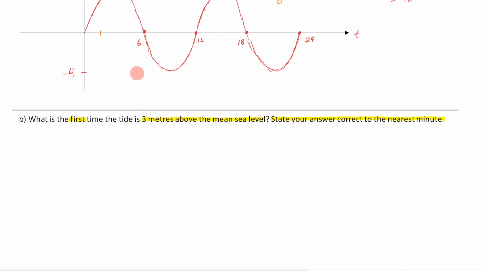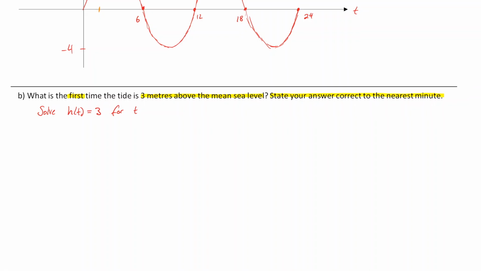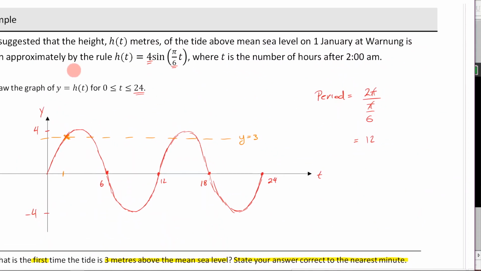And to do this, we're going to have to use our CAS. On our CAS, we're going to be using our solve function. We're going to be solving where h of t is equal to 3 for the t value. So let's now get our CAS. There we go. And I'm going to have to define what my function is.